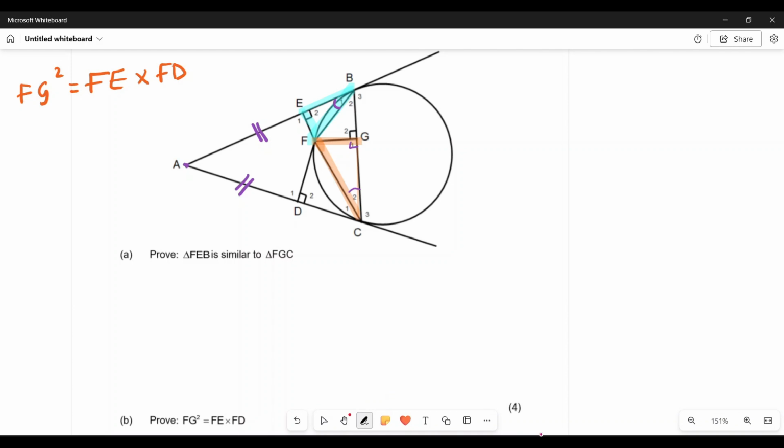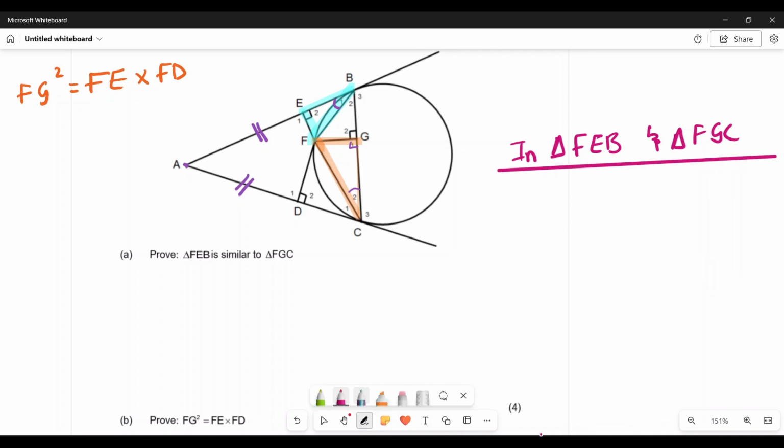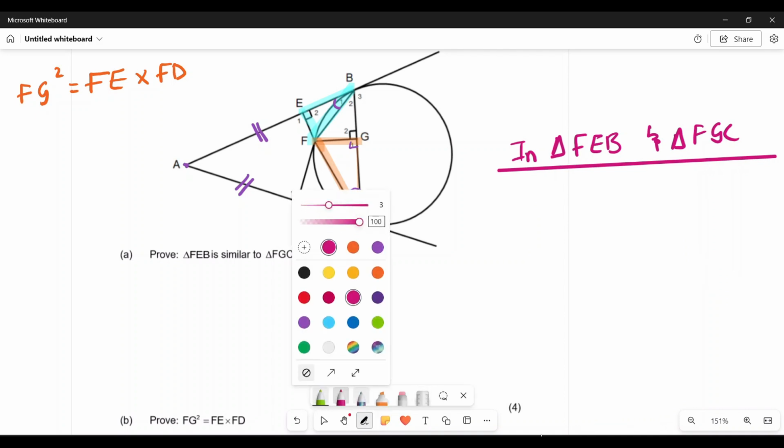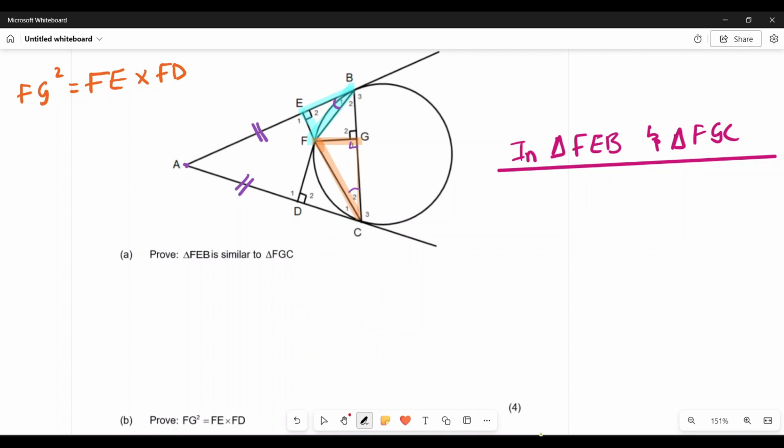Now, remember, if these two triangles are similar to one another, I can use ratios. So what do I mean by that? In triangle FEB and triangle FGC, which are similar to one another, I'm going to use ratios for the two triangles. So how would I go about doing that? I'm going to say FE, and I'm also going to choose a similar side to my FE. So FE over the similar side on the other triangle, which is FG.